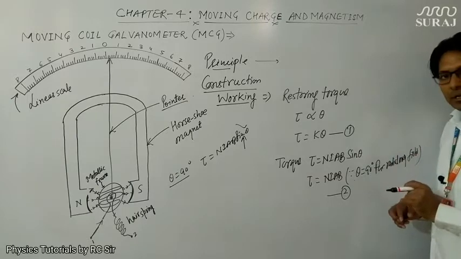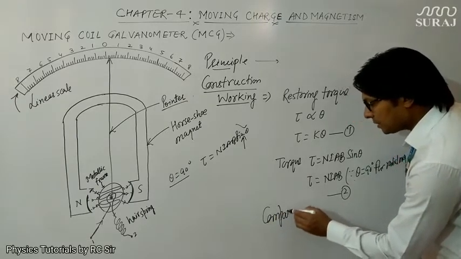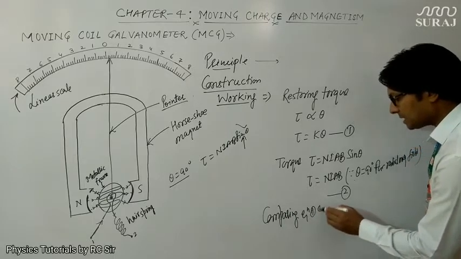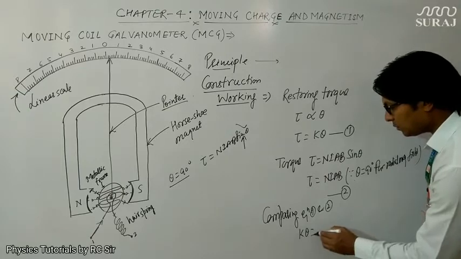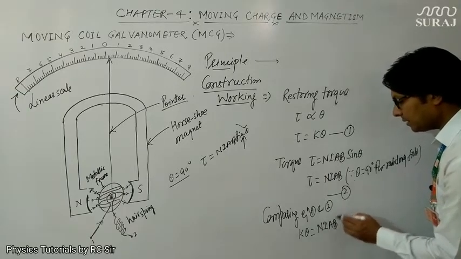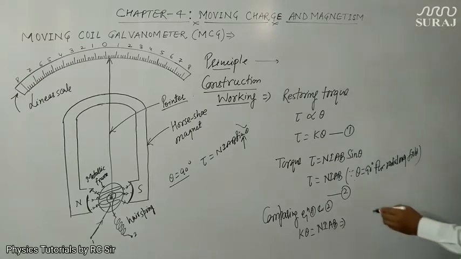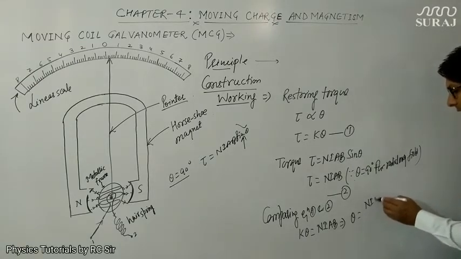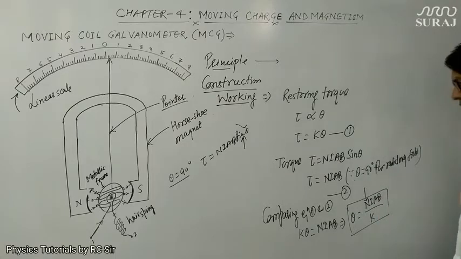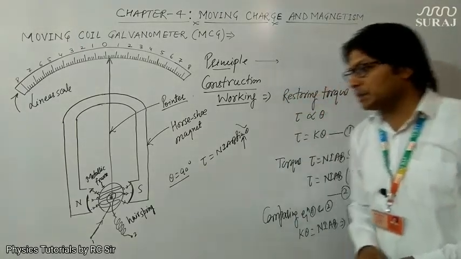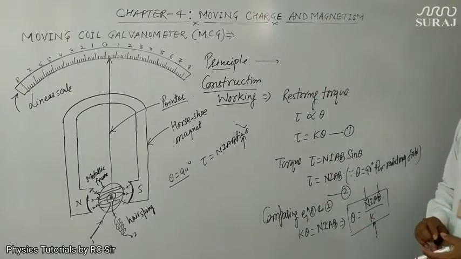So both the equations can be compared. Comparing equations first and second, k theta is equal to NIAB, and from here the expression for theta will be theta is equal to NIAB upon K, where N is the number of turns in the coil, I is the current flowing through the coil, A is the area of the loop, B is the magnetic field produced by the horseshoe magnet, and K is the spring constant of the hair spring used in this galvanometer.